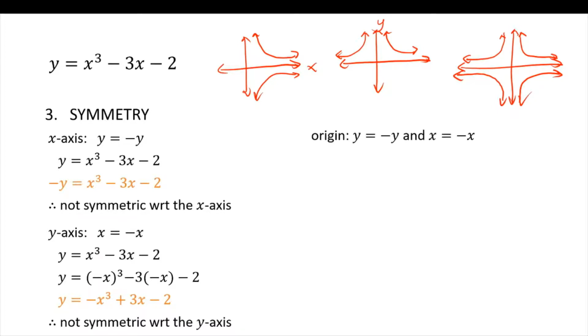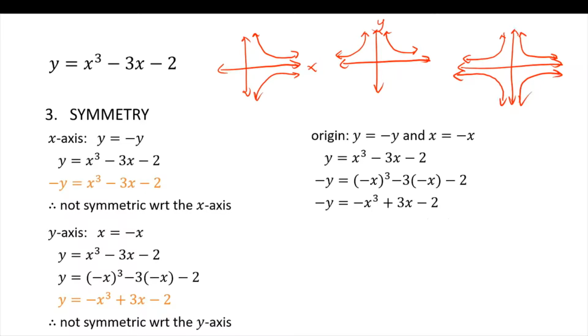Lastly, let's test if it's symmetric with respect to the origin. For the origin, we have to simultaneously replace y with negative y and x with negative x. So plugging in negative y and negative x, we'll get this equation: negative y equal to negative x cubed plus 3x minus 2.